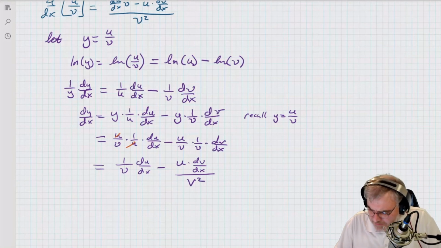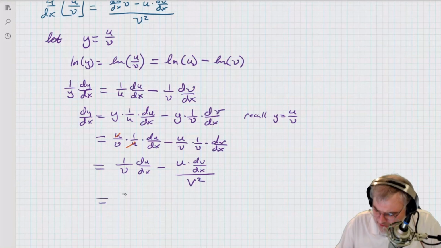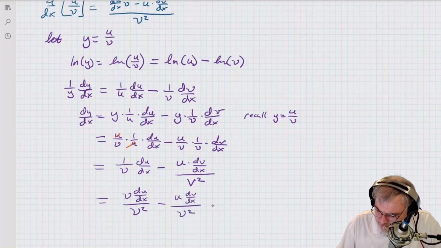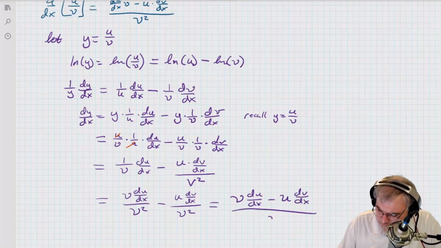Well, I'm going to take a common denominator here, and I get v du over dx over v squared minus u dv over dx over v squared, which equals v du over dx minus u dv over dx all over v squared.